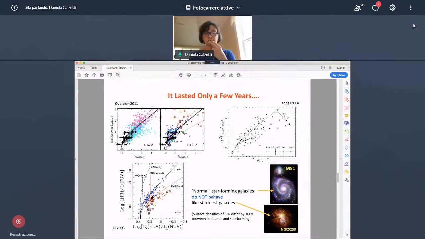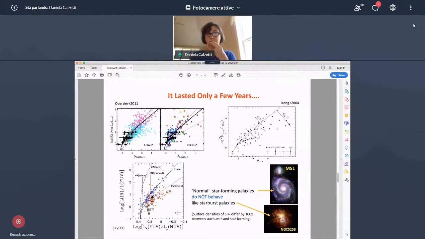It was not that tight, and the galaxies seem to be occupying a much broader swath of the IRX beta plane. And in particular, it was immediately noticed that the so-called normal star-forming galaxies, which I will define in a second, do not behave like starburst galaxies.